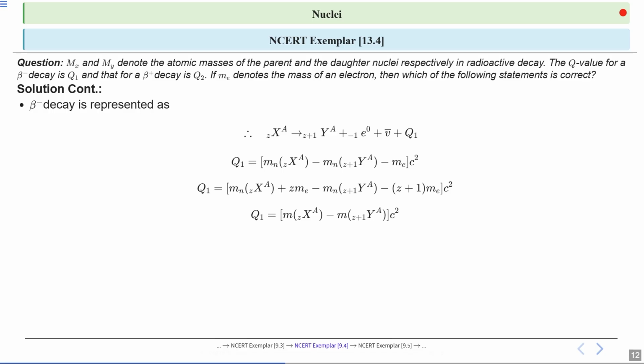Addition of mass of nucleons and mass of electrons in the above step results in the mass of the entire atom. Now the equation is Q2 equal to capital Mx, the mass of the parent atom, minus My, the mass of the daughter atom, multiplied by C square. This accounts for the mass difference between parent and daughter nuclei multiplied by C squared.